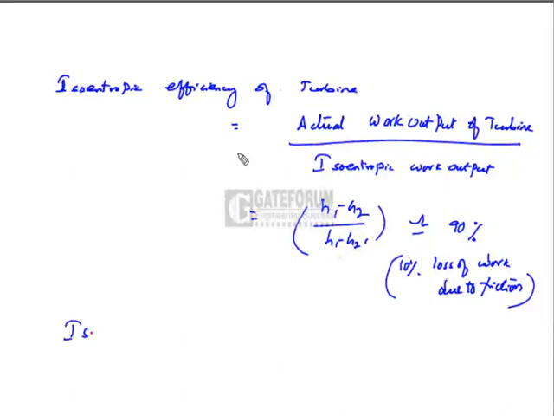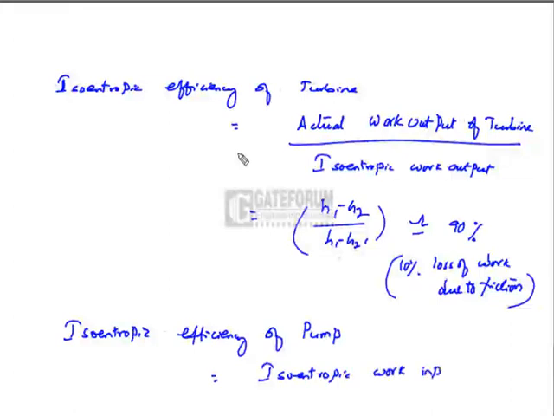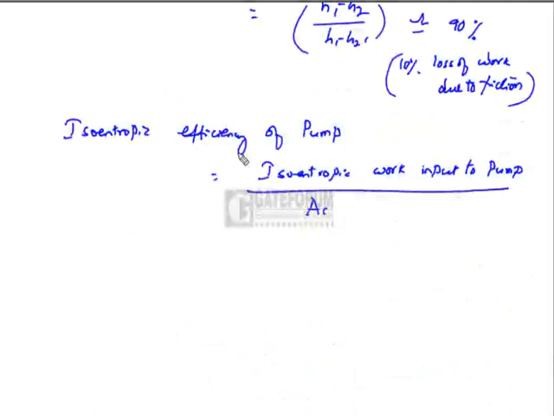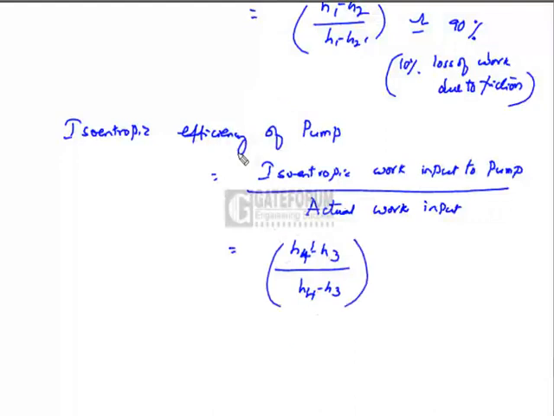Similarly, isentropic efficiency of pump is defined as isentropic work input to pump divided by actual work input, that is equal to H4 dash minus H3 divided by H4 minus H3.